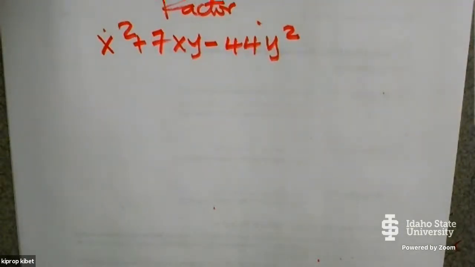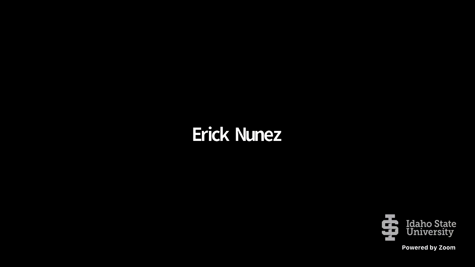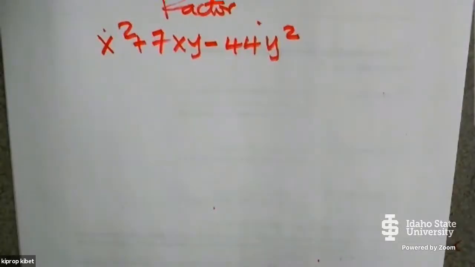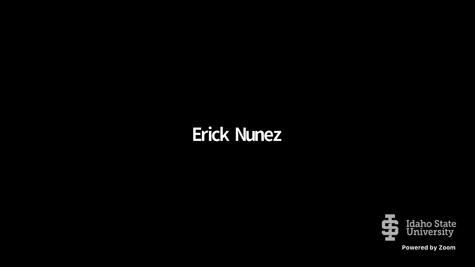X squared plus 7xy minus 44y squared. I put it on the chat. X minus 4y and x plus 11y. Thank you.